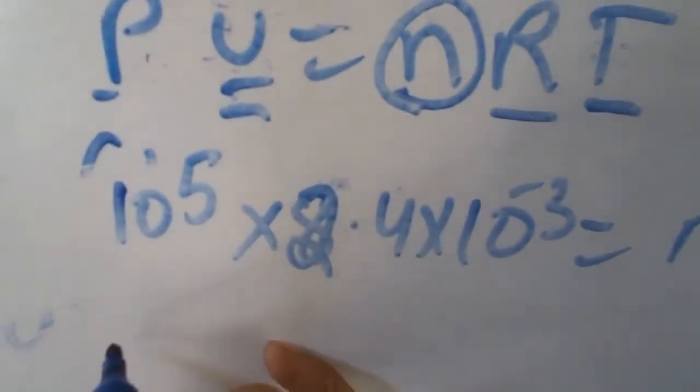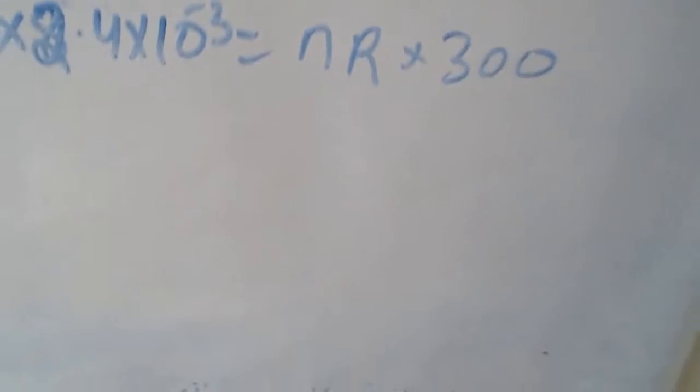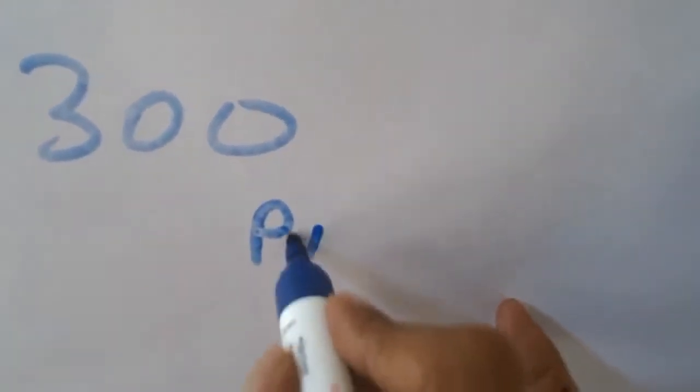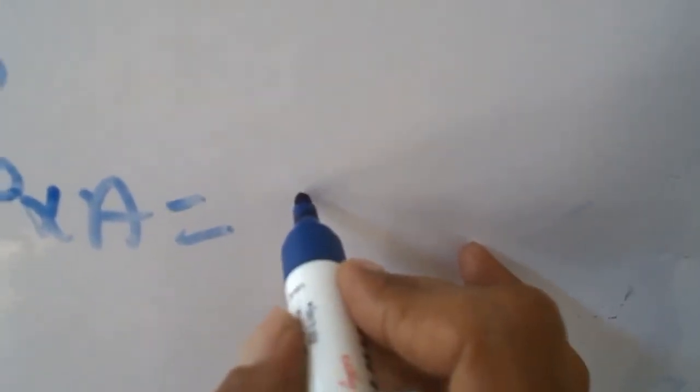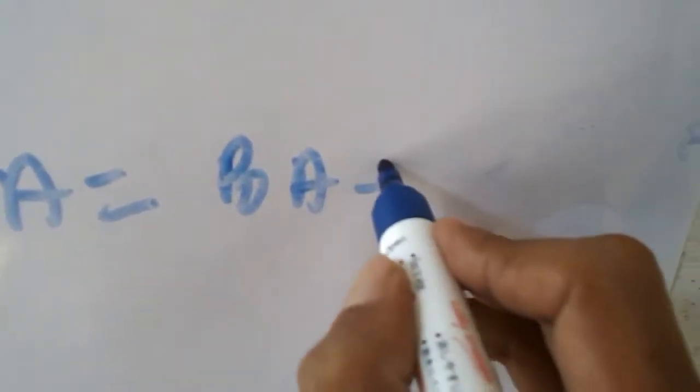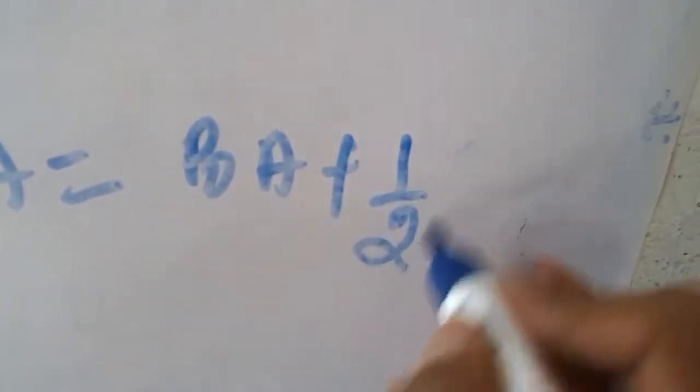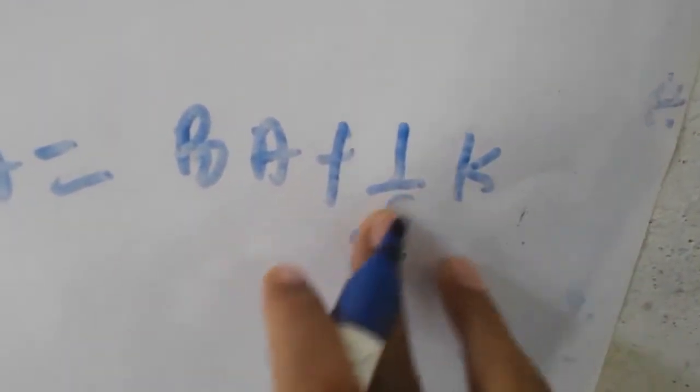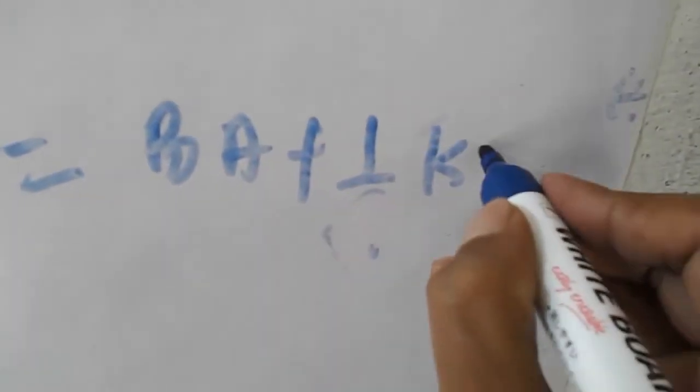Again, now we have to find the final pressure. Since this is in equilibrium, what can I write? P into A should be equal to P naught into A plus K x.